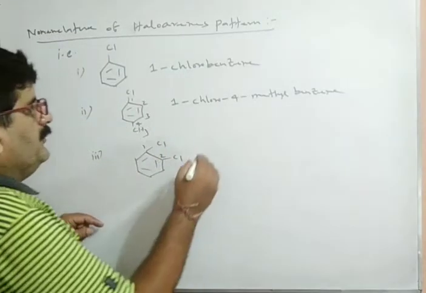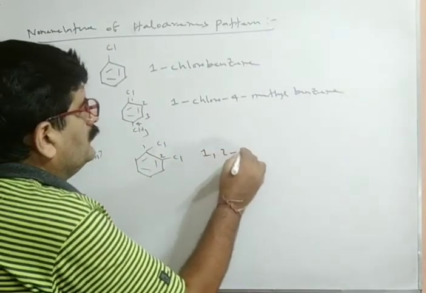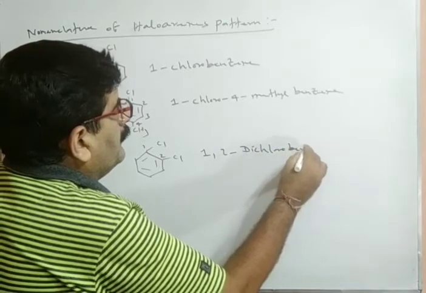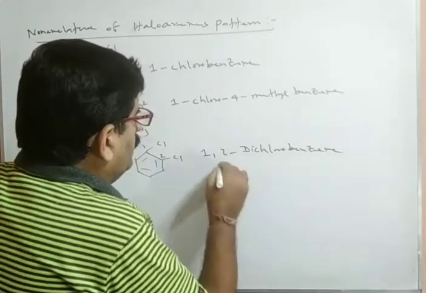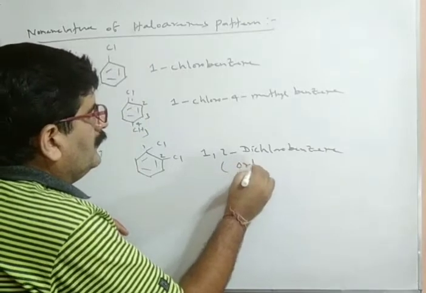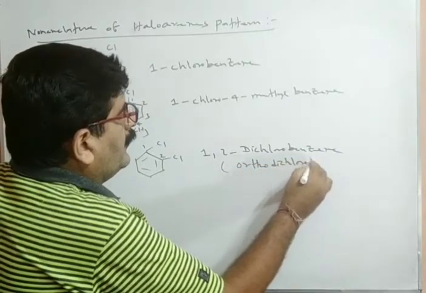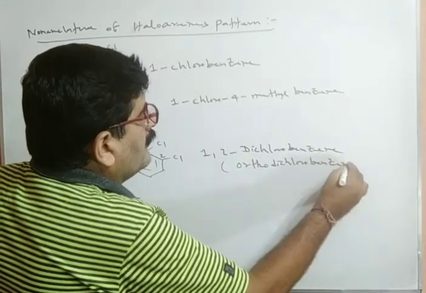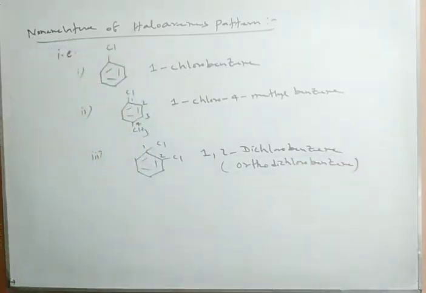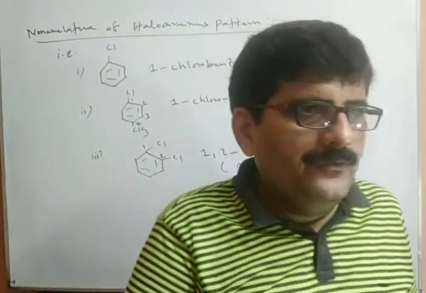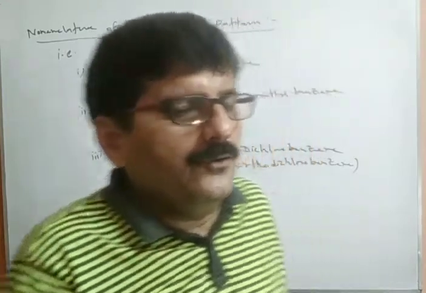The IUPAC name is 1,2-dichlorobenzene. In common name you can use ortho-dichlorobenzene. Similarly, we can write down the name of meta-dichlorobenzene or you can say para-dichlorobenzene.